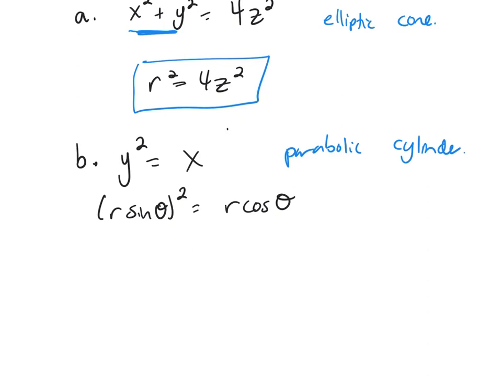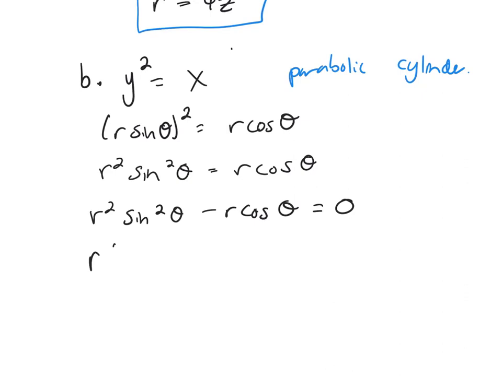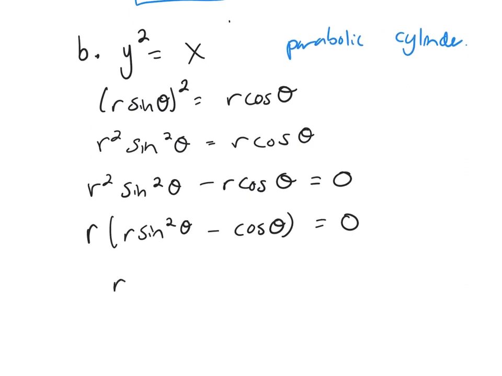So now I'm going to square the left side. r squared sine squared theta equals r cosine theta, and move everything to one side. So move everything over to the left, r squared sine squared theta minus r cosine theta equals 0. And we're going to factor out an r. And then you can divide by r here to get r sine squared theta minus cosine theta equals 0.